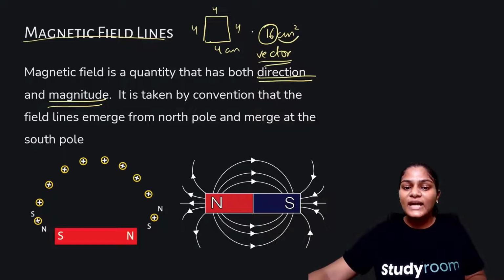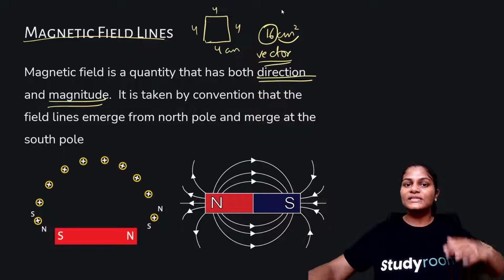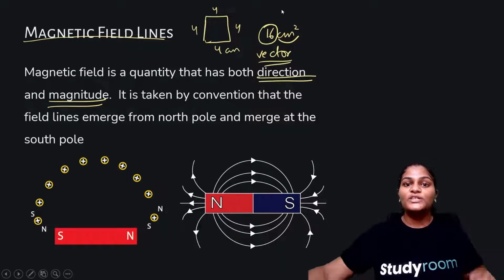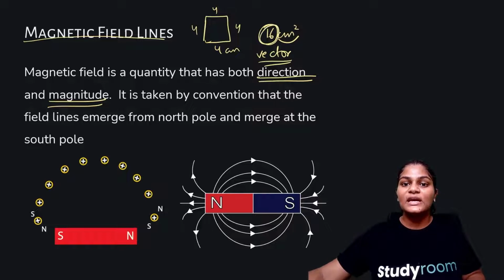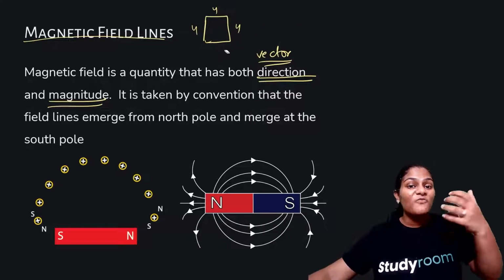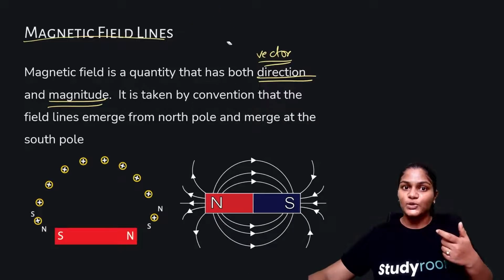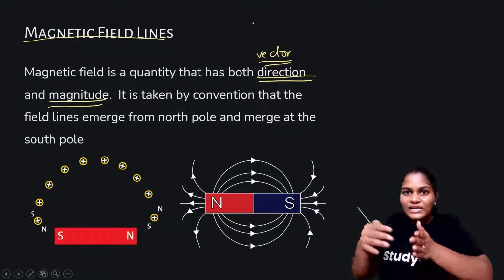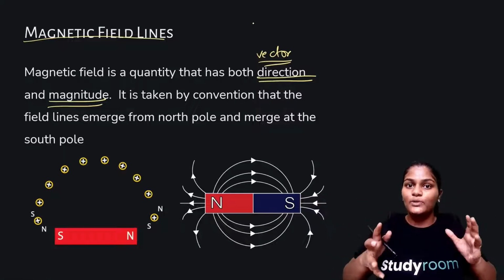But does it have a direction? Does the area of a square actually have a direction? No, right? So when we specify it like this, it is a scalar quantity. That means it only has a value, or a magnitude, but it doesn't have any direction. Area is not in this direction or in this direction. It's just there in one place.